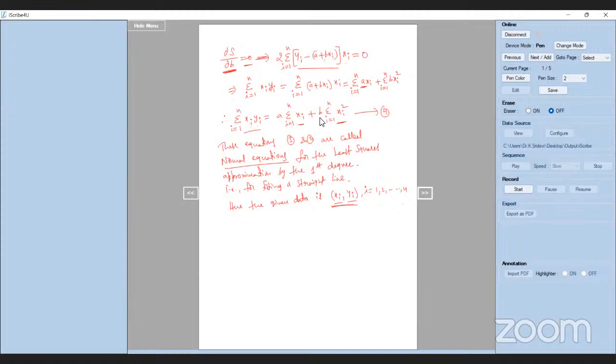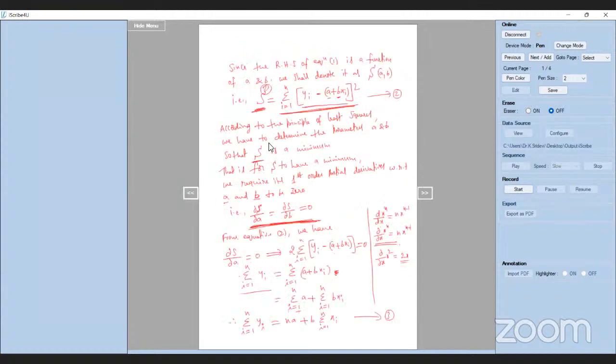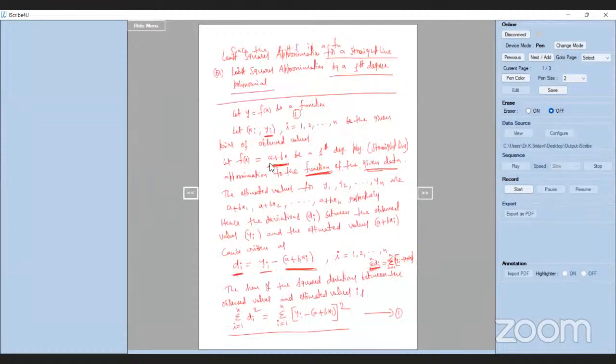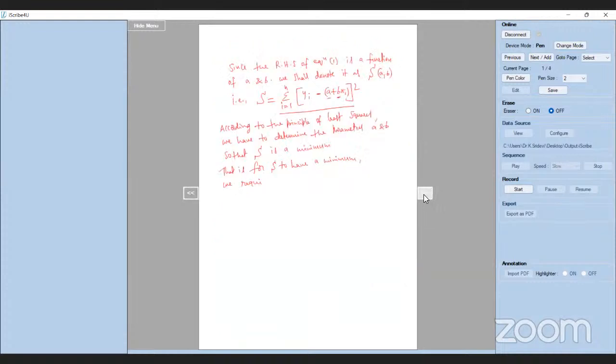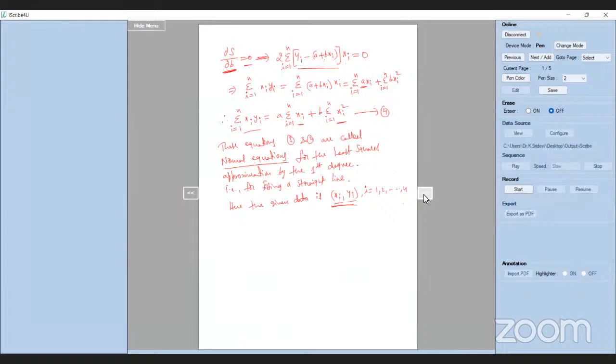After getting the values of A and B, we have to substitute these A and B values in this assumption polynomial f of x is equal to a plus bx. So we get the required least squares approximation, that is known as the least squares approximation by first degree polynomial, or so it is going to fit a straight line like that.